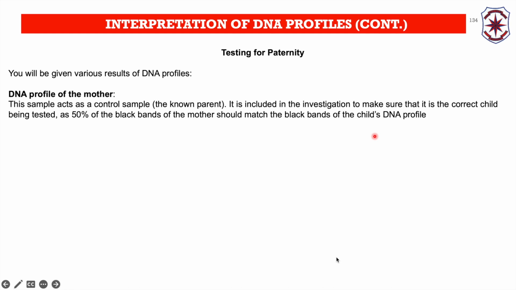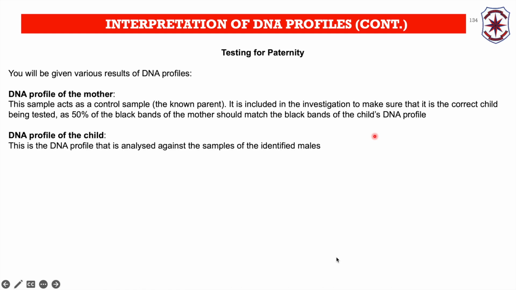The second DNA profile that you will get, of course, is the DNA profile of the child. This is the profile that is analyzed against the samples of the identified males to determine which one of the males is the biological father.